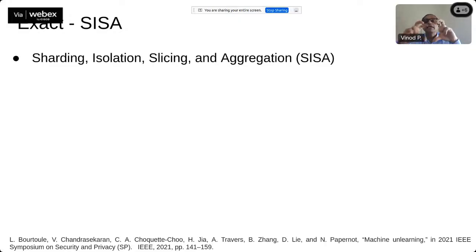That means each shard has instances which are non-overlapping, so they are independent. The sub-models are also trained in isolation, so the information of one sub-model will never be available to the other model. What the first sub-model is memorizing will not be available to the other model.